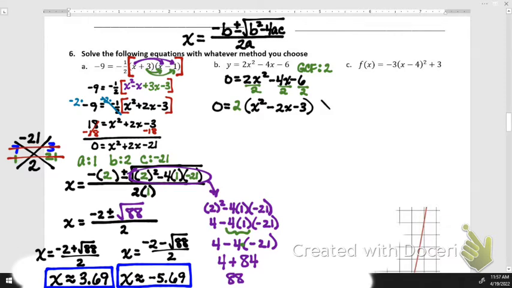And then I need to do my x. I need 2 numbers that multiply to give me negative 3, but add to negative 2. What will do that? Negative 3 and 1. So I'm going to do my area model. A value always goes here. C always goes here.